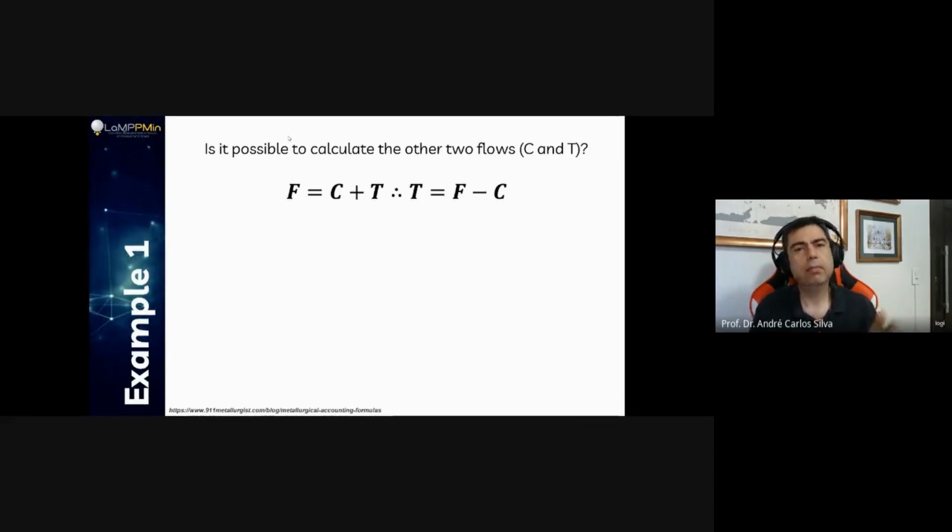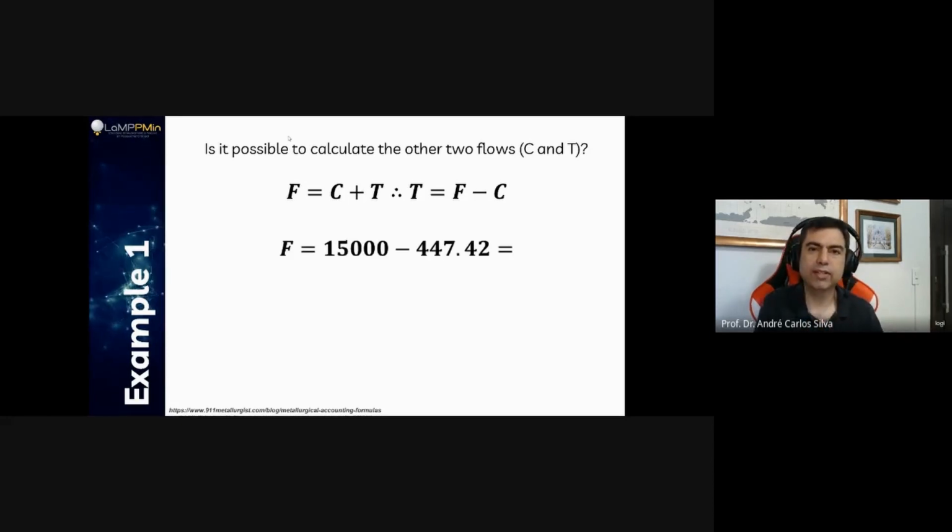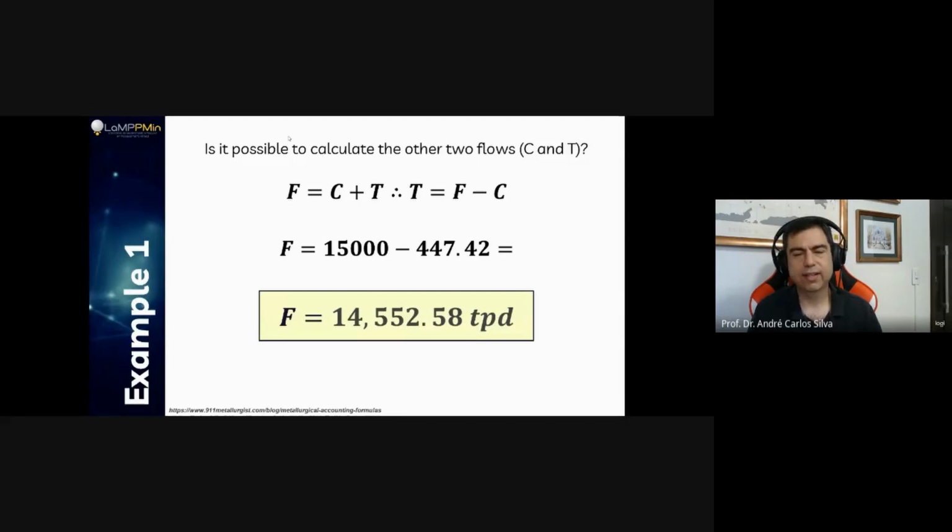The feed minus the concentrate. And that's the standard, okay? That's quite easy. But if I know how much is the feed, and I know in this case it's 15,000 tons per day, sorry, and I know that my concentrate is almost 447.42, I can evaluate this easily like this.